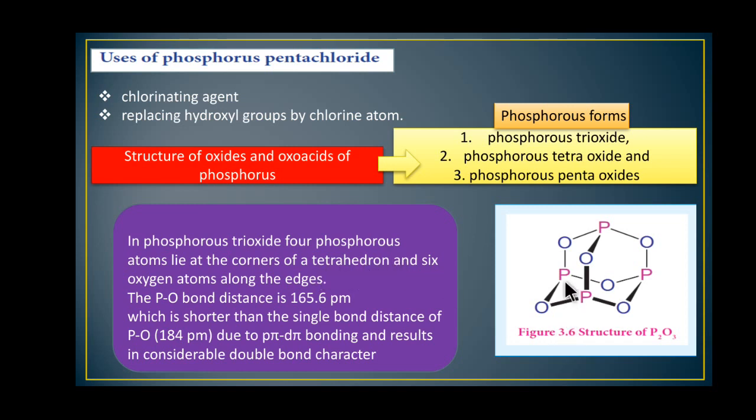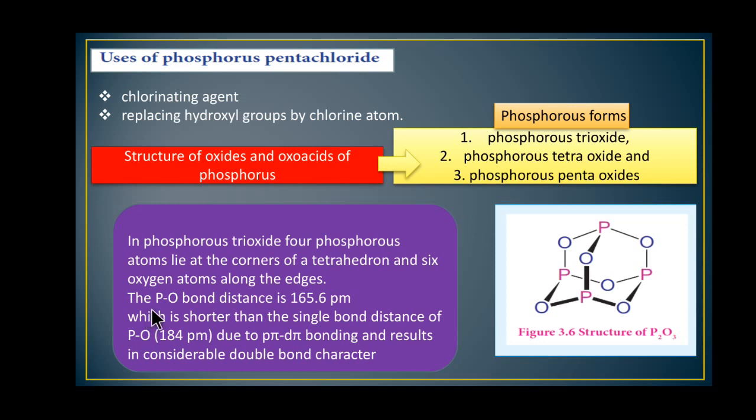The 4 phosphorus atoms lie on corners 1, 2, 3, 4, creating the tetrahedron. And 6 oxygen atoms lie along the edges: between edge 1, edge 2, edge 3, edge 4, edge 5, and edge 6. Okay, the 6 oxygen atoms lie along the edges.